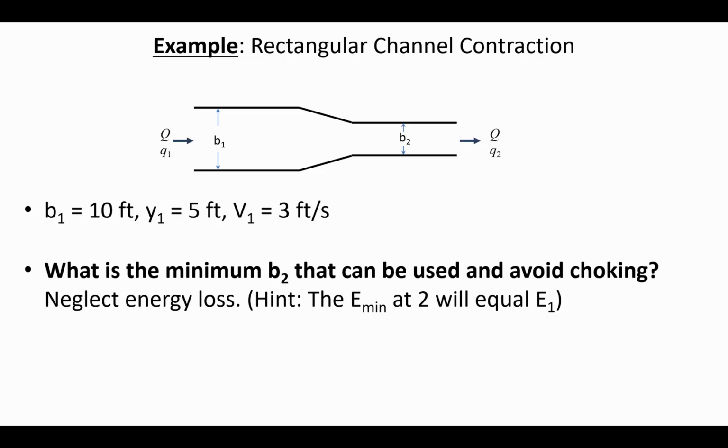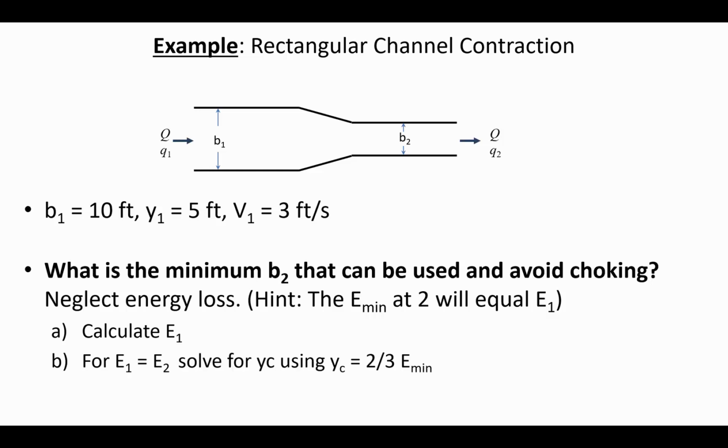So the hint on what to solve for when we substitute into the energy equation is, first of all, you'll calculate E1. E1 is going to be depth and velocity head at 1. Now we're assuming that E1 and E2 are equal because we're neglecting the losses, and we are able to calculate the critical depth as 2/3 of the minimum specific energy.